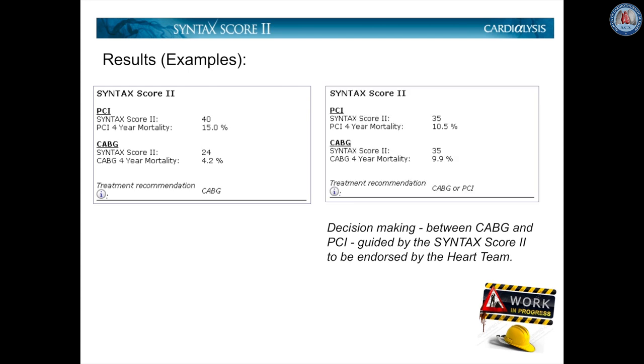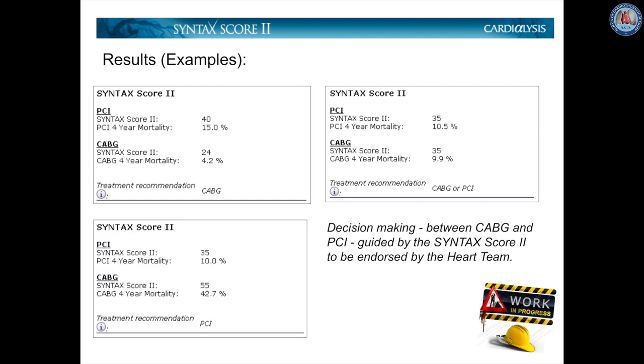But you can have a PCI 4-year mortality based on the Syntax score 2 of 10.5% and CABG 9.9%. Then the treatment recommendation will be CABG or PCI, since there is equipoise for 4-year mortality.